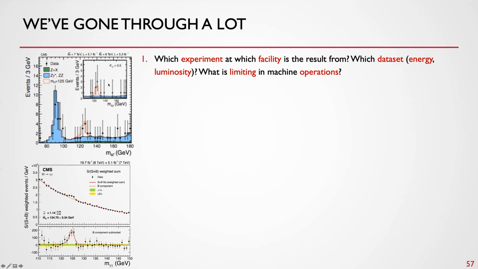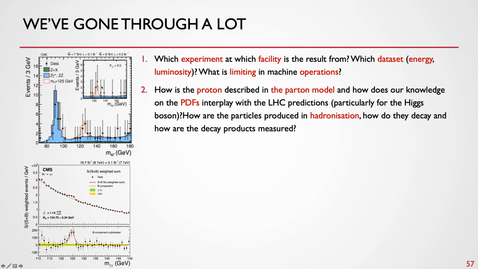hypothesis. This is Higgs going to Z bosons and 4 muons. We know when the protons collide that the parton model condenses our knowledge of the parton distribution functions, the quarks and the gluons in the proton.